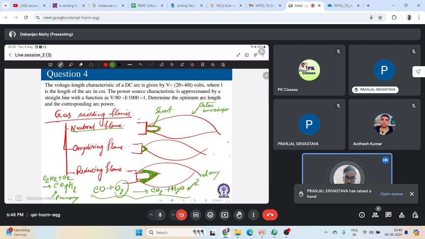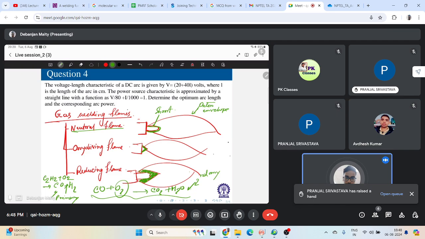So what is happening as a result: when you are touching the electrode with the workpiece, there will be some metallic bridges that occur within that contact region, and whenever you are retracting or withdrawing the electrode, those metallic bridges start breaking. Whenever those metallic bridges start breaking, they will increase the current density.